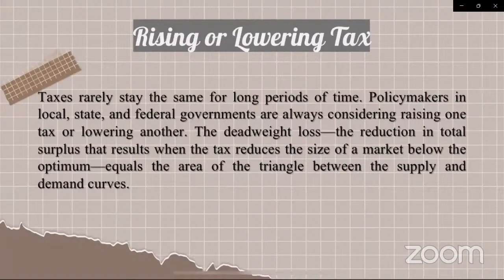This occurs because the deadweight loss is the area of a triangle, and the area of a triangle depends on the square of its size. As a tax grows larger, it distorts incentives more, and its deadweight loss grows larger.